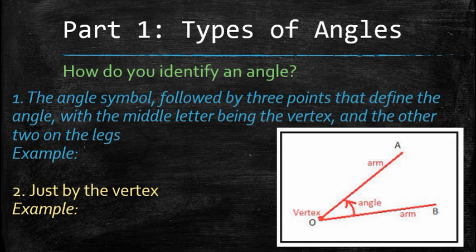How do you identify an angle? Well, the angle symbol followed by 3 points that define the angle, with the middle letter being the vertex and the other 2 on the legs. Okay, so we have an angle here that we're working with, and this is the example that I gave in the previous slide. So there are actually 3 different types of ways that you can identify an angle, but all ways require you to make this little angle sign.